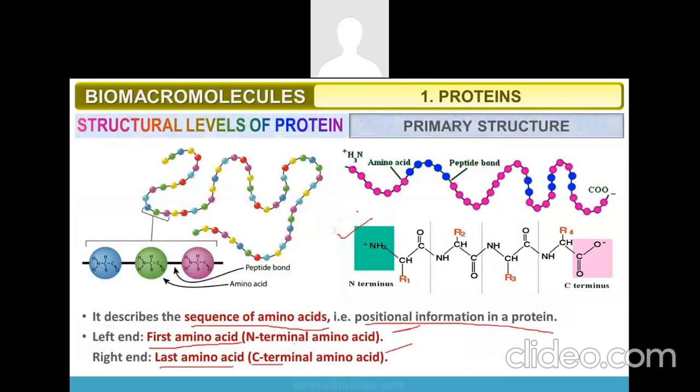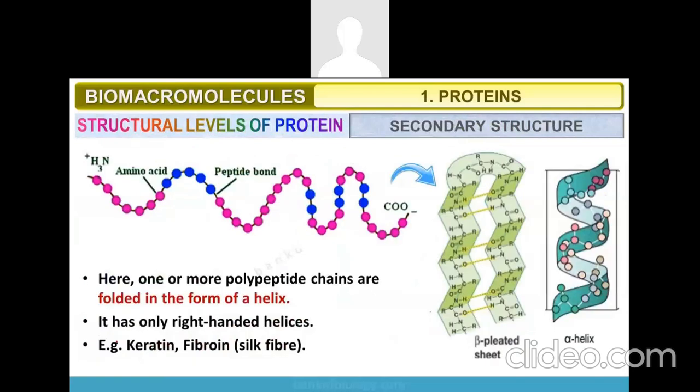The place where the amine group is there is called the first amino acid or the N terminal amino acid, and towards the other end it is called the last amino acid or the C terminal amino acid, C representing the carboxyl group. Here one thing is very clear. We are coming into a kind of nomenclatural analysis where we put the left end to a nitrogen and the right end to the carboxylic acid group.